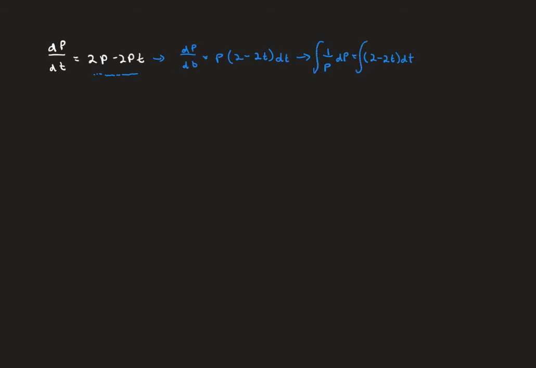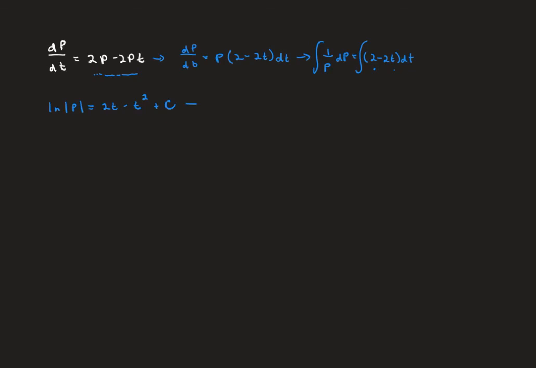As we've seen many times before, we get the natural log of the absolute value of p on the left side. On the right side, we do each integral separately. The integral of 2 with respect to t is 2t. The integral of negative 2t with respect to t is negative t squared, and then we put our constant of integration on the side with the t's in it.